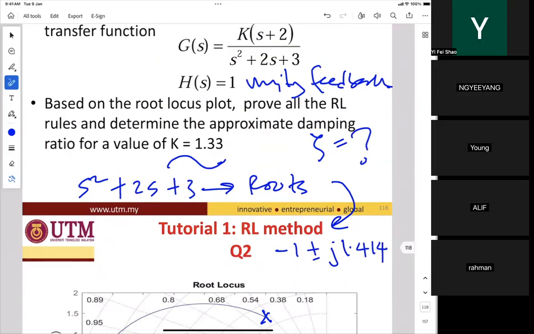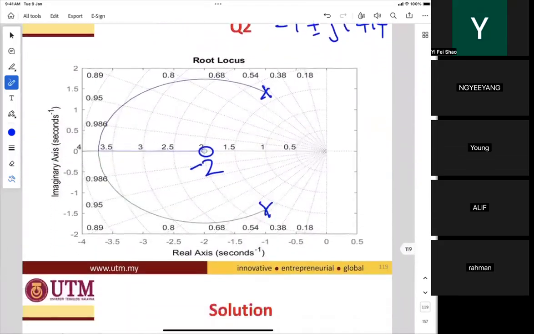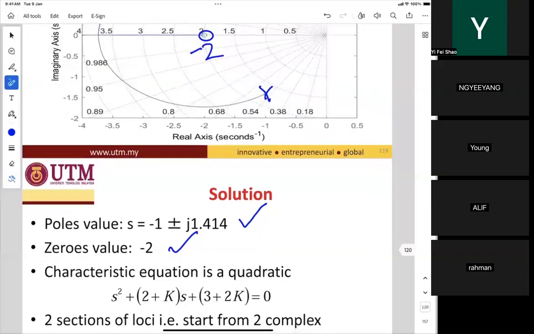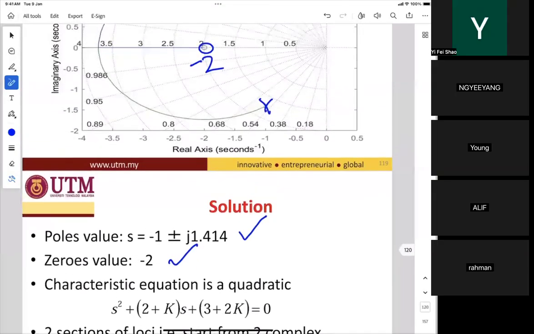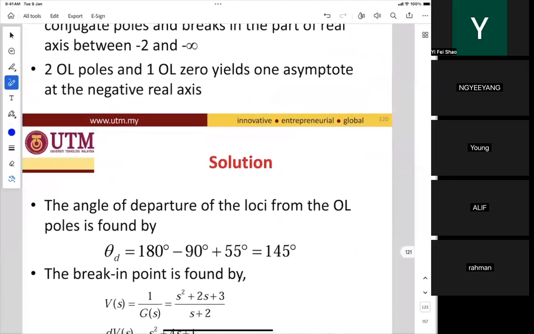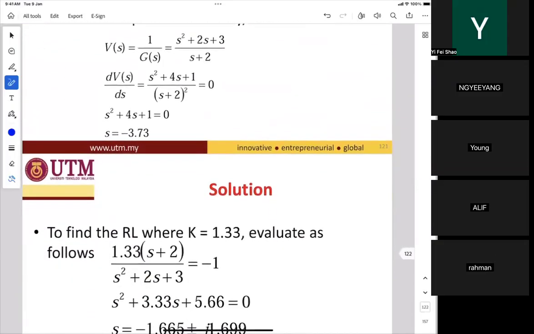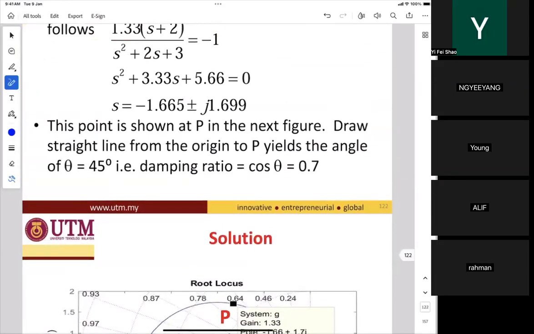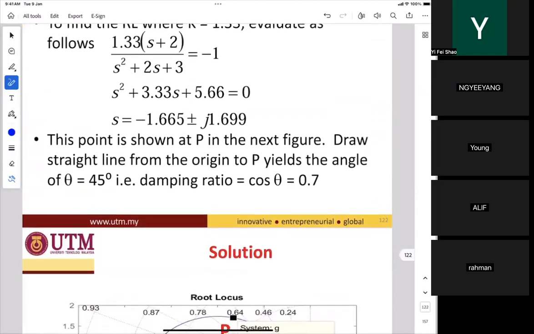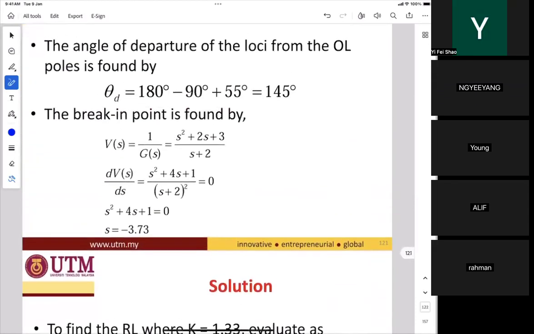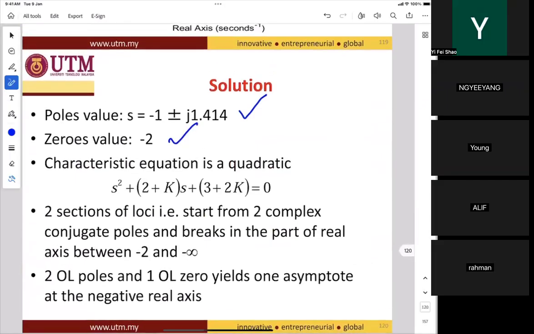Determine the approximate damping ratio for a value of K 1.33. How do we do it? What do we use?